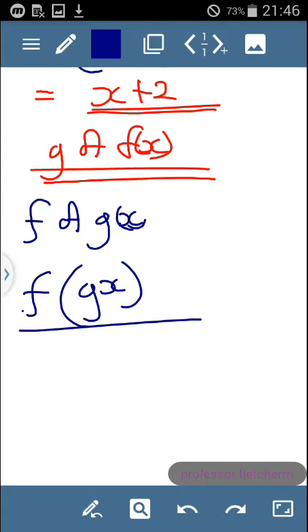Let me just go straight to it. So this is going to be equal to our f of x.